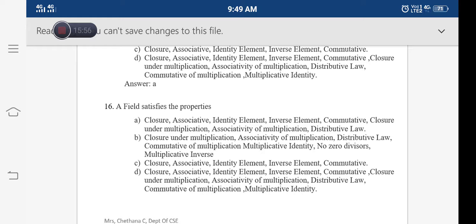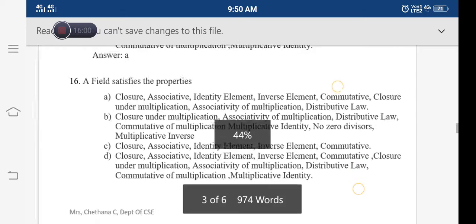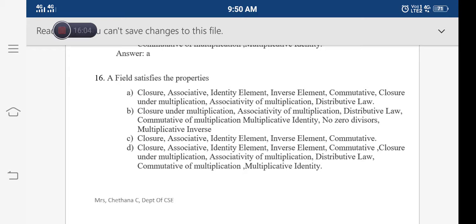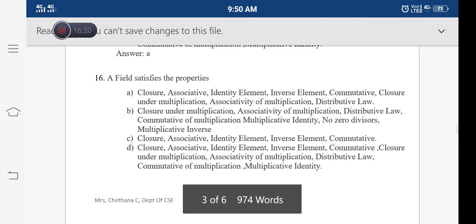The main thing in the field is that the second operation should have a multiplicative identity and a multiplicative inverse. That is very important for the field, along with the ring properties. For the second operation, the field will also satisfy commutativity of multiplication and the multiplicative identity. The answer is D here.